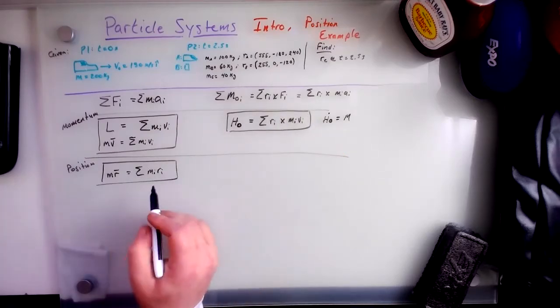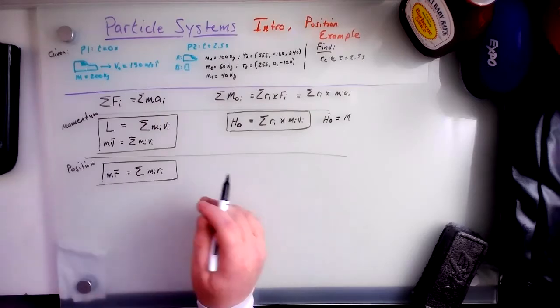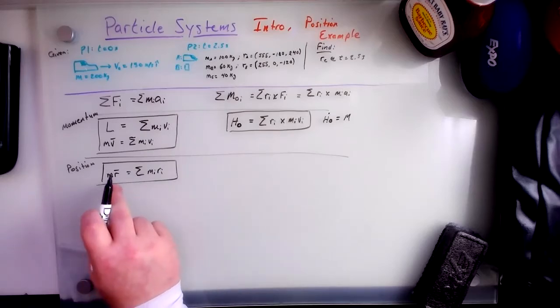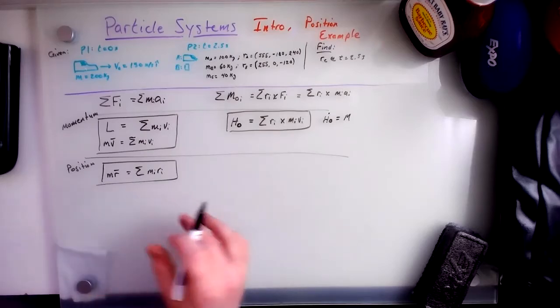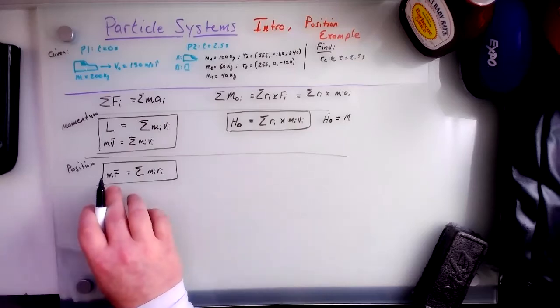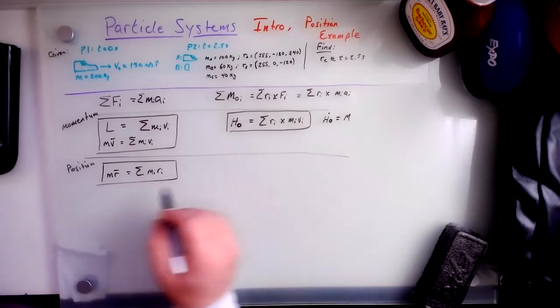And the r's here, we should talk about what these r's are. So in general, sometimes we see this as r bar, and r bar is the total r from the center of gravity G, right?